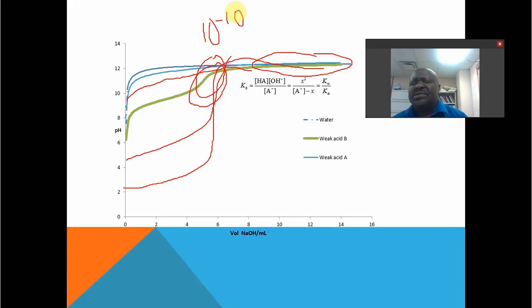Then the acid doesn't titrate. You're starting way too high here so that you don't get a steep region. Similarly for the base, if Kb is less than 10 to the minus 10, then the base doesn't titrate when you titrate it with a strong acid, that's HCl. That is, there isn't much room in this region to be able to meaningfully identify the equivalence point.